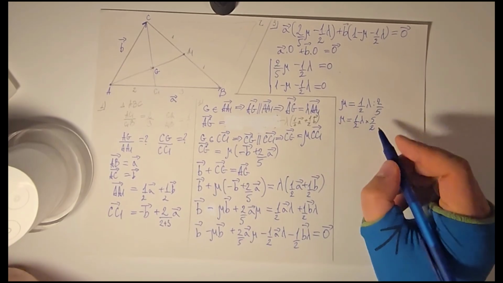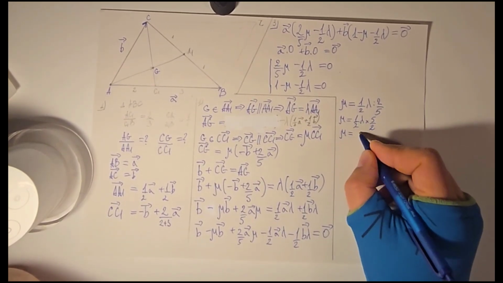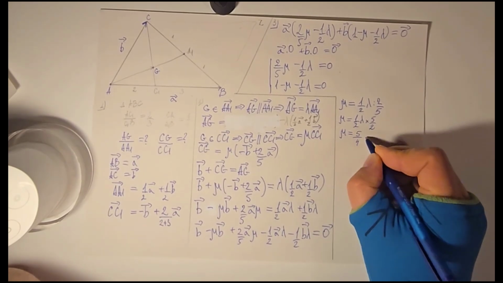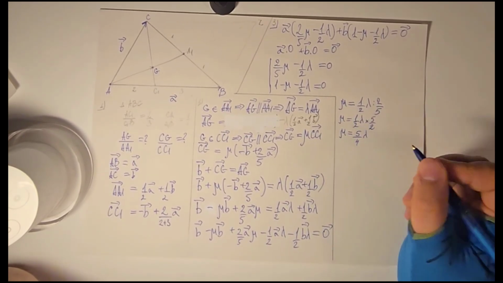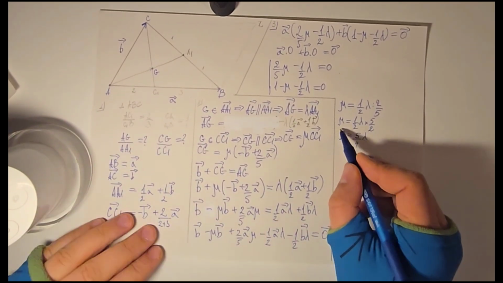Yeah, so mu should be equal to 5/4 of a lambda. Well, that's fair enough, I would say, like this.